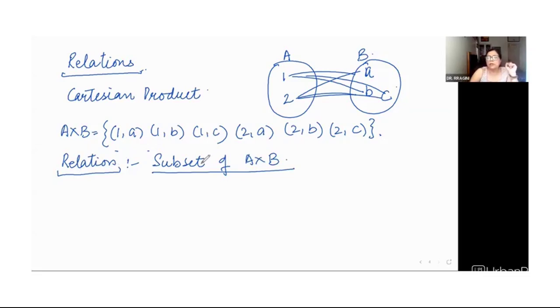So here the relation has to be defined. That means there has to be some link between the elements of A and elements of B. When that link is defined, then we might get a few ordered pairs out of this, right? Now, I have taken an example in which it is a bit difficult to form a relation.